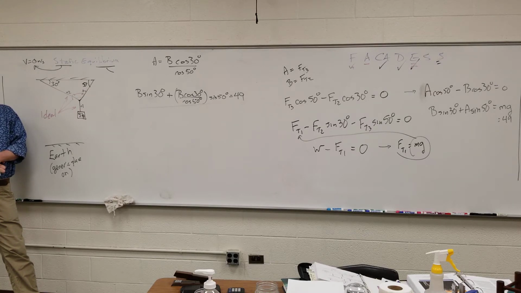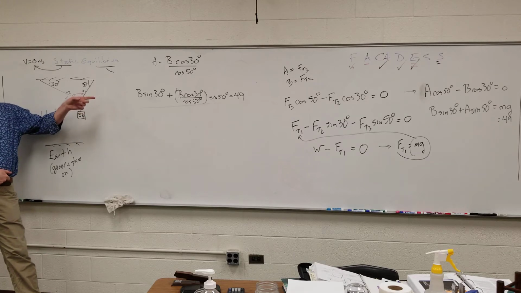Or maybe it makes sense to just divide it by the pieces that are multiplied and then just, I don't know. So would it be 49 over sine of 30 degrees plus B cosine 30 divided by cosine 50 times sine 50? Just to isolate. If you isolate one B, the way you said it. You're right, you're right.